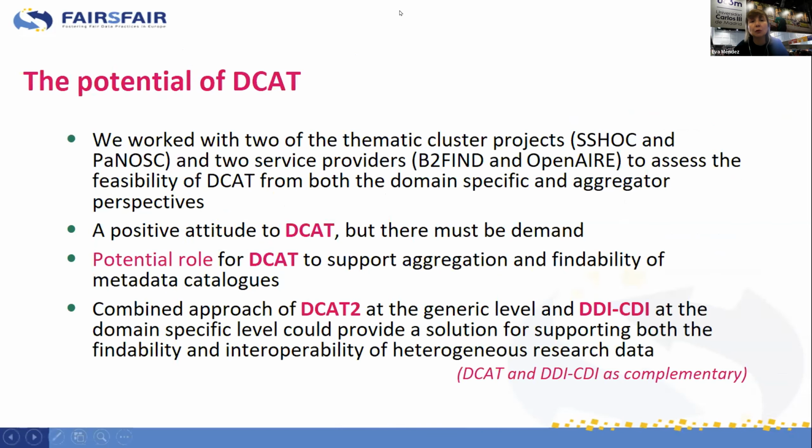So in that, we worked with two big cluster projects, the Social Science and Humanities cluster and the PaNOSC, which is the photon and neutron community. So we also asked the service providers, B2FIND and OpenAIRE, and we found out that there is a positive attitude to DCAT as a standard to solve the toothbrush effect.